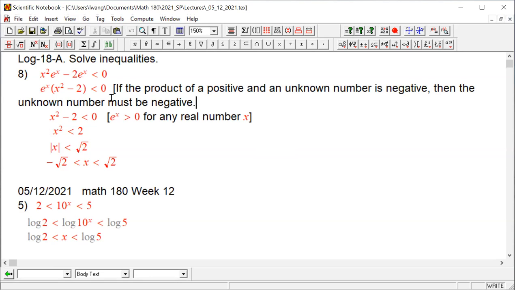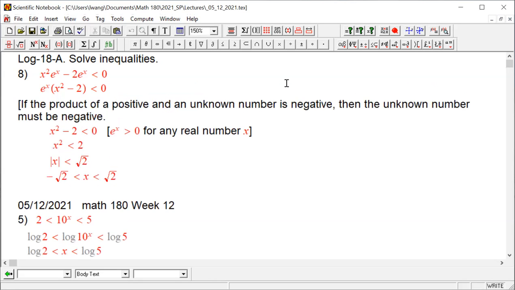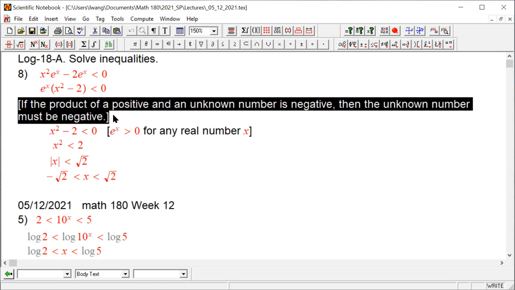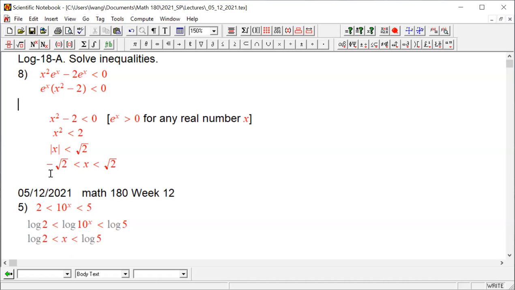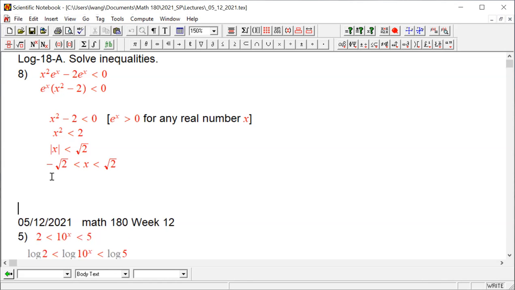Think about it. So that's the rationale between these two steps, from this step to the next step. So how do we interpret this? Let me put this here in the notes for your convenience.